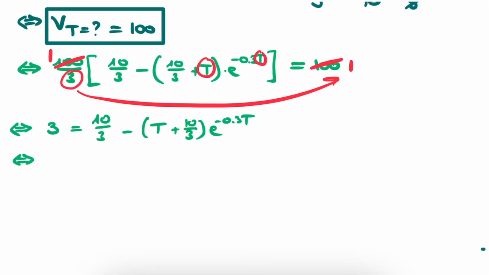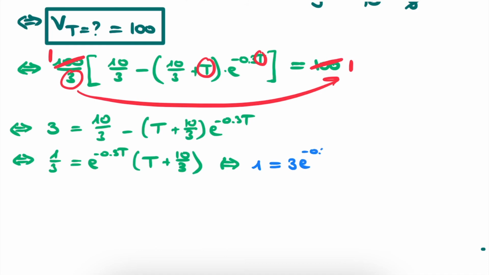Rewriting this even further, we get the following. 1 over 3 has to be equal to e to the power of minus 0.3 t multiplied by t plus 10 divided by 3. Or written differently, that 1 has to be equal to 3 times e to the power of minus 0.3 t multiplied by t plus 10 divided by 3.